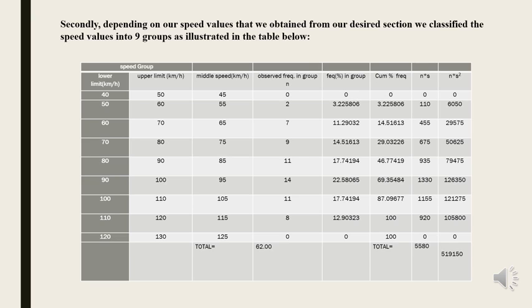The last column is the observed frequency in group multiplied by the square of the middle speed. All these calculations we will use later to help us find the standard deviation and mean and more calculations in the other slide.